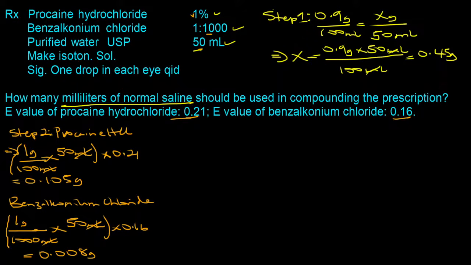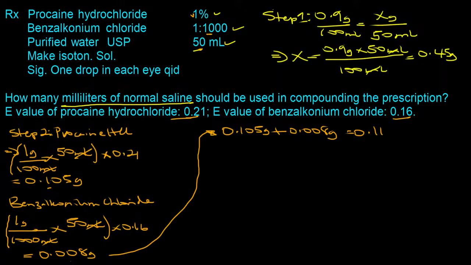So what we need actually to do is to add the two values in step 2, which is 0.105 to the 0.008, and that will give us the total amount of sodium chloride there. So we'll do 0.105 grams plus 0.008 grams, and that's going to be equal to 0.113 grams.